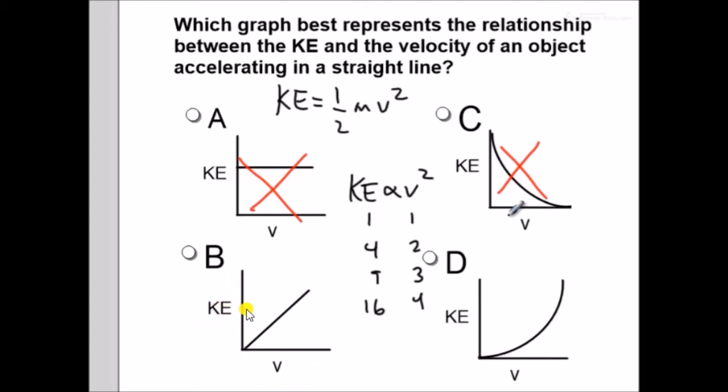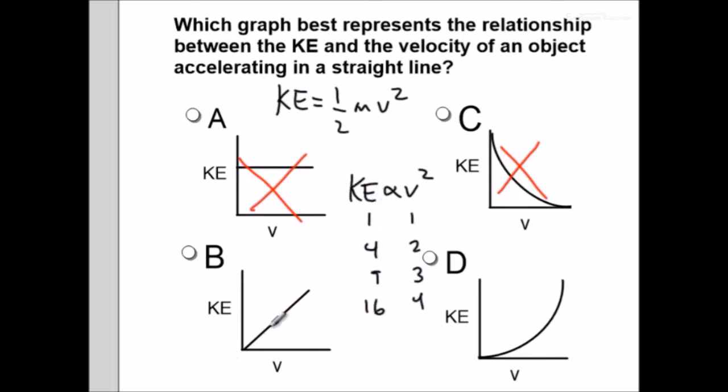That means as the velocity value becomes 1, 2, 3, 4, my kinetic energy should also become 1, 2, 3, 4. This shows that the kinetic energy is linear with the velocity value. So this can also not be an option. Why? Because here we can see there is not a linear increase in the kinetic energy, isn't it?